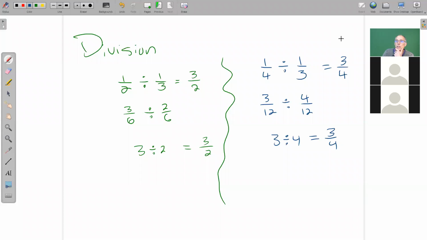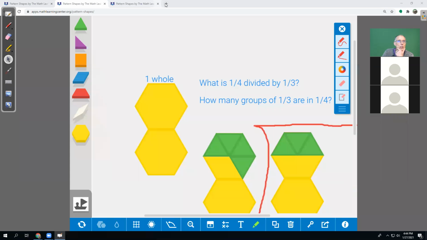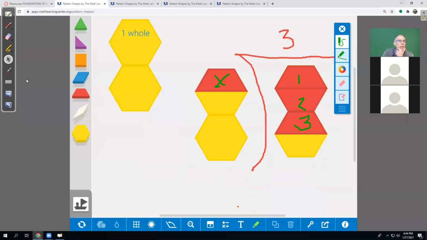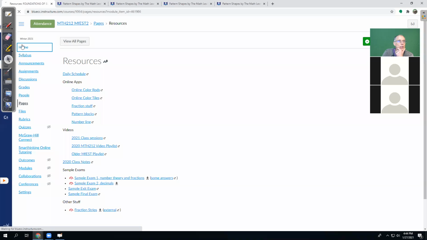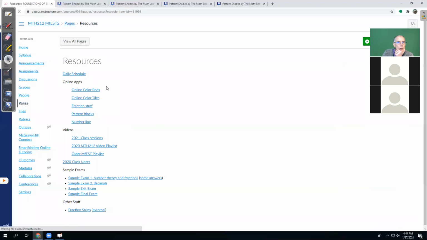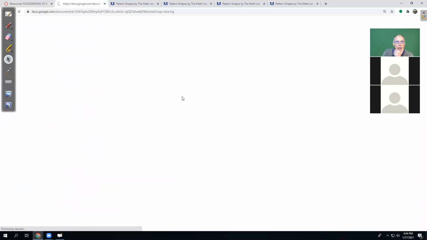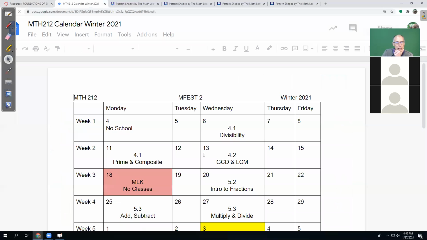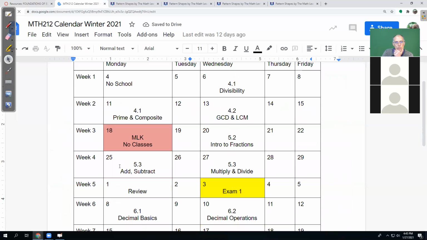I'm going to go to the main home page if I can find it somewhere. It is. So in our daily schedule, which was right in front of me, we are about on track to where I thought I would be. I had mentioned the other day that I wasn't sure if I could get through section 5.3 in 2 days, and so I happen to have this kind of extra day there.